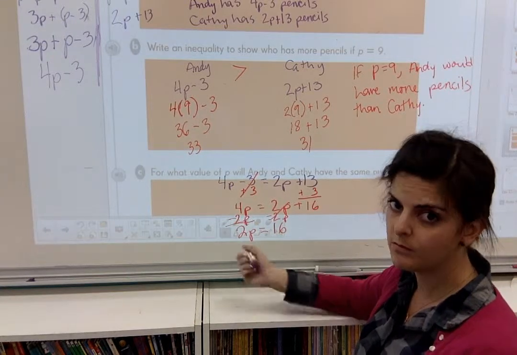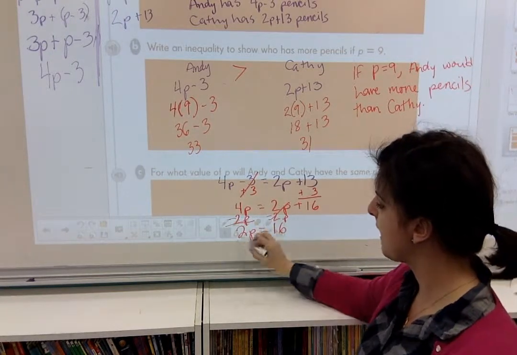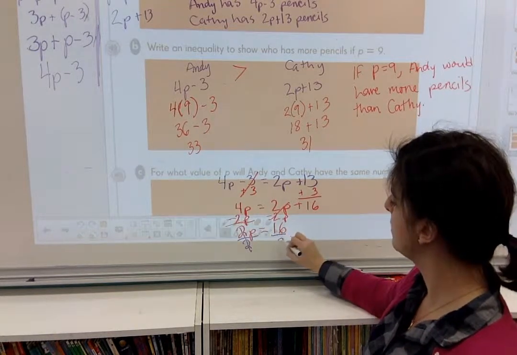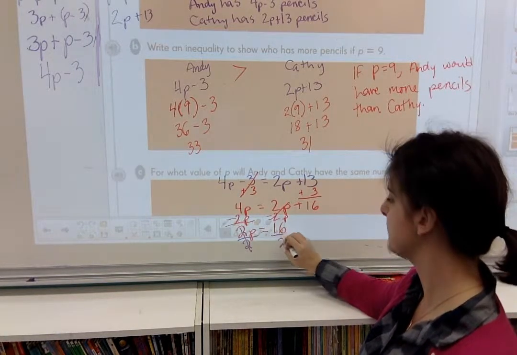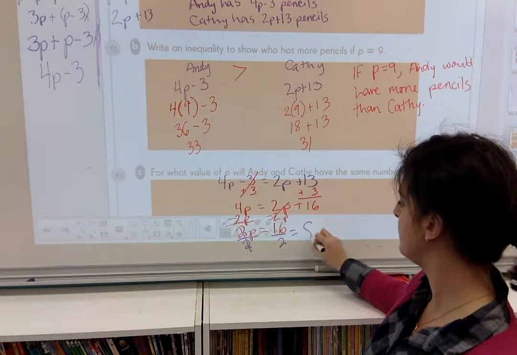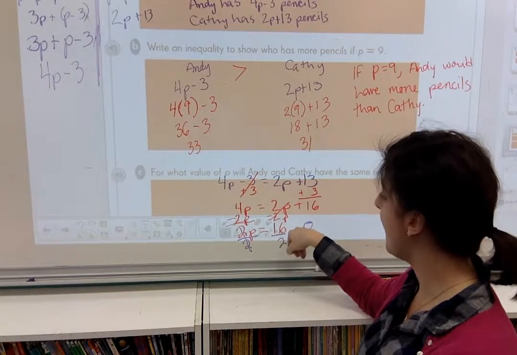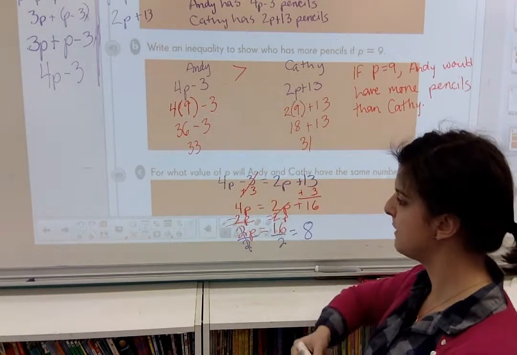Now you're going to divide both sides by 2. That cancels out, and now you have 1P equals 16 halves. 16 halves is really 8. If P were 8, then these two sides would be equal to each other.